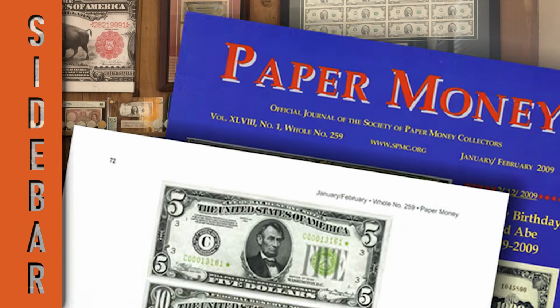Tracing star note serial numbers was helpful in part of the time period, and that lent to more information. But at the end, the question remains unanswered. Why did the color change? What was the problem with the original Series 1928 green color? It's certainly possible I'm being obtuse about it and just missed the answer, but I feel I did what I could do. I think it's just burying the lead in the articles. How can you not answer the question?